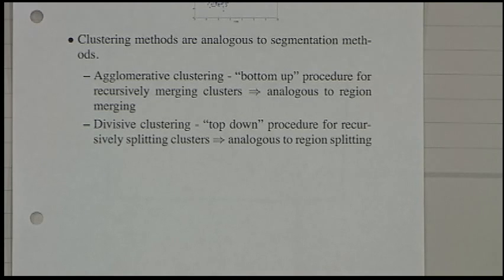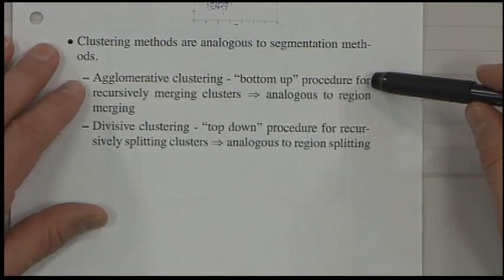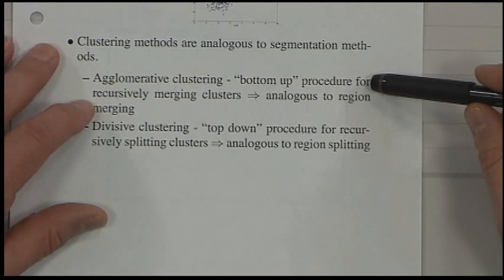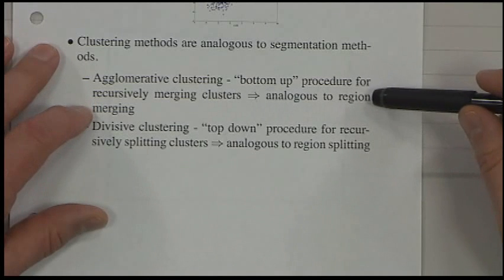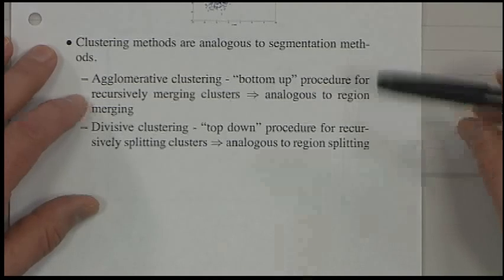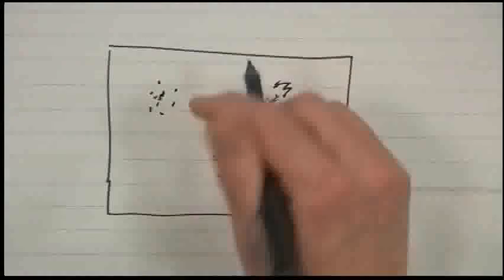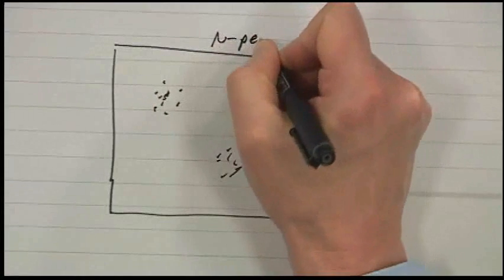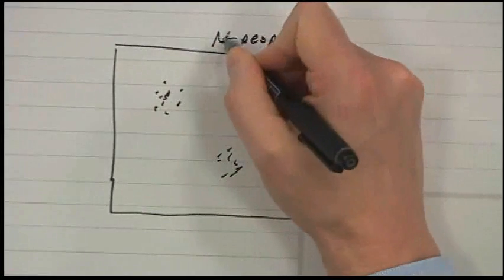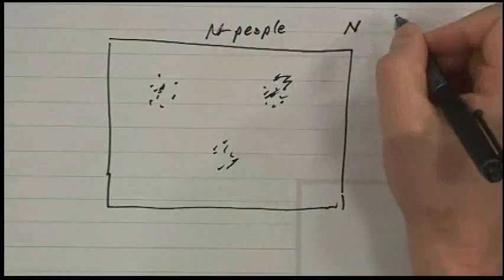The advantage of bottom up is that it tends to produce a better result. But the disadvantage is that it tends to be very expensive and complex. Because if you have n people and you want to do a bottom-up clustering, you have to look at all their interactions, n squared.